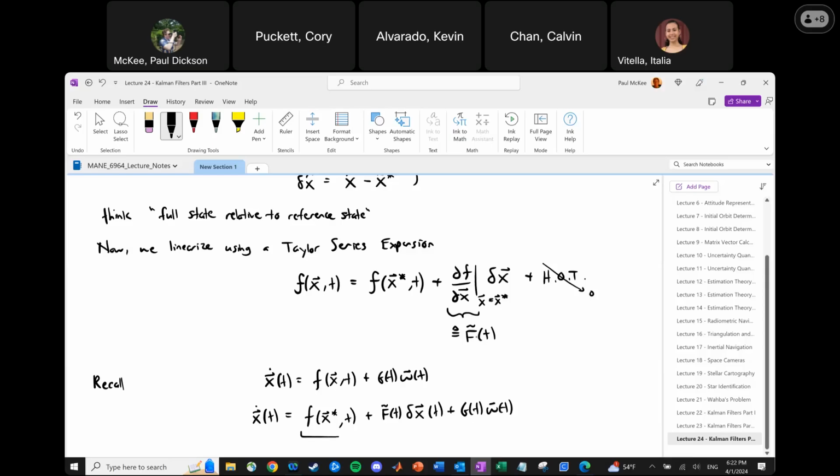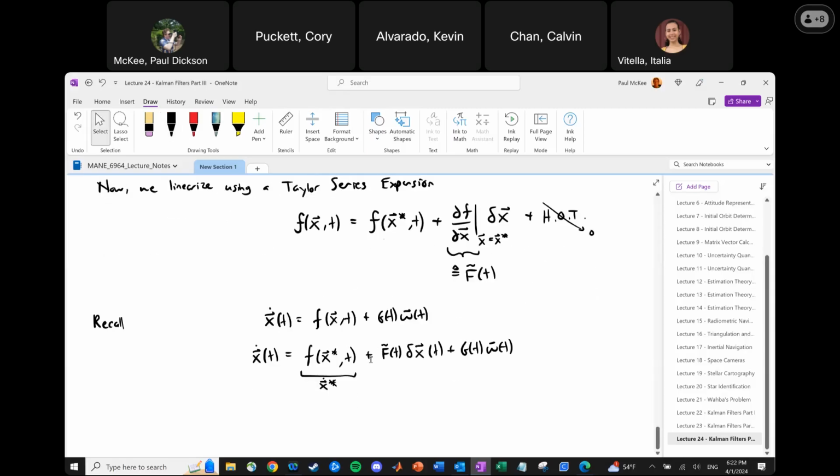But this first term is the derivative of the reference state, right? That's kind of the whole idea. If you plug the reference state into the equation that gives you the derivative, you get the derivative of the reference state. So this becomes x dot of t minus the reference, which is the same thing as delta x dot of t.